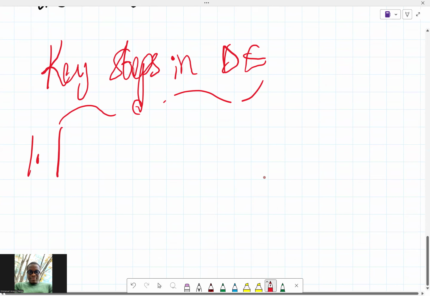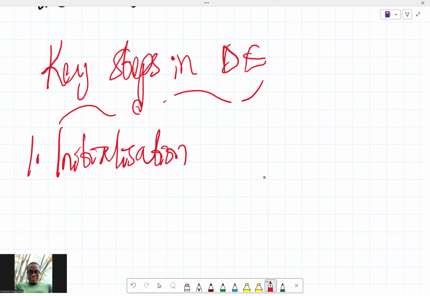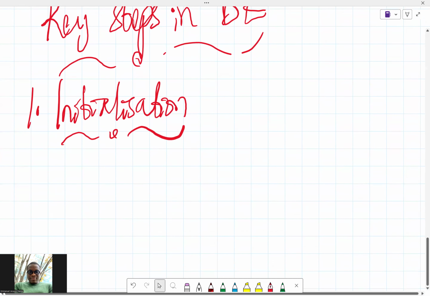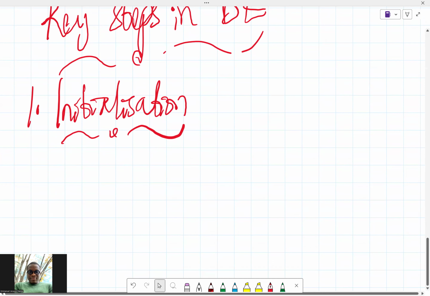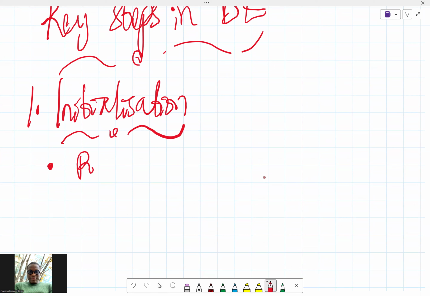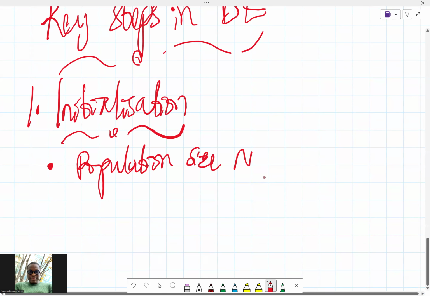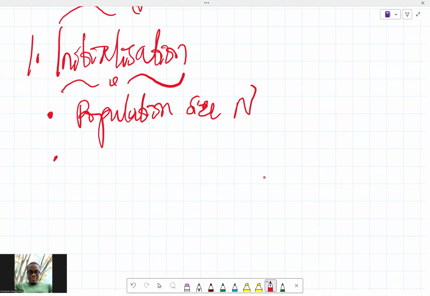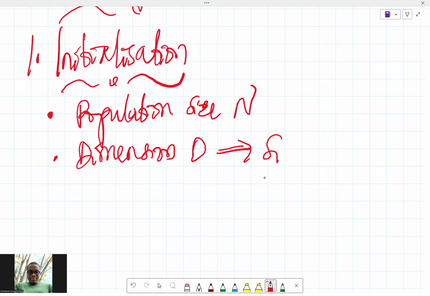As usual, we have the initialization. So you have that initial guess in every situation. You have a population of candidate solutions initialized randomly, and each solution represents a vector in the solution space. Here you have population size N, and you have the dimension D. This is simply talking about the number of variables.